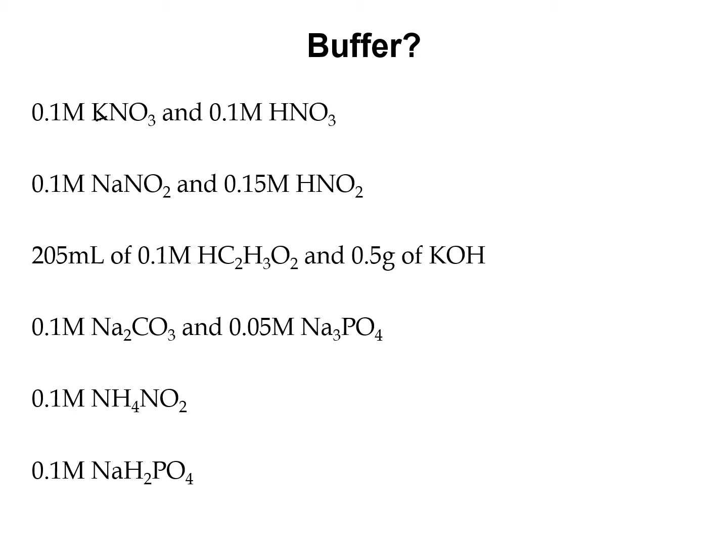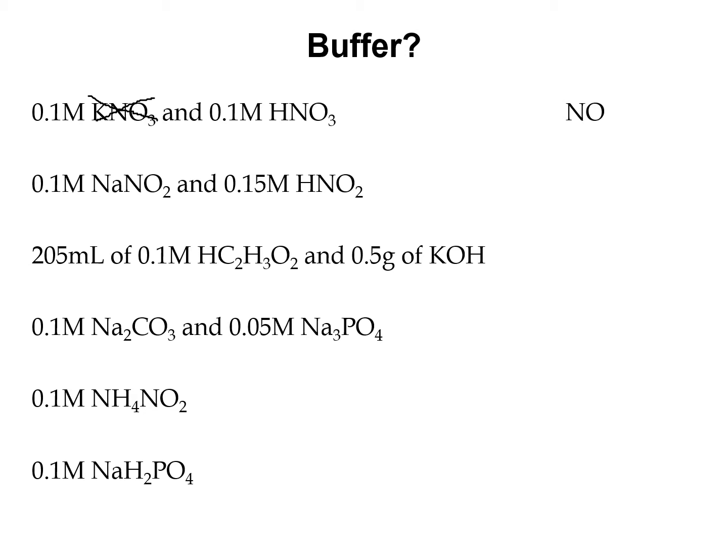So this cannot act as any part of a buffer. Check the nitric acid. This is a strong acid. If you remember that strong acids tend not to be in buffers, then this will not be a buffer situation because it cannot absorb the hydrogen or hydroxide.